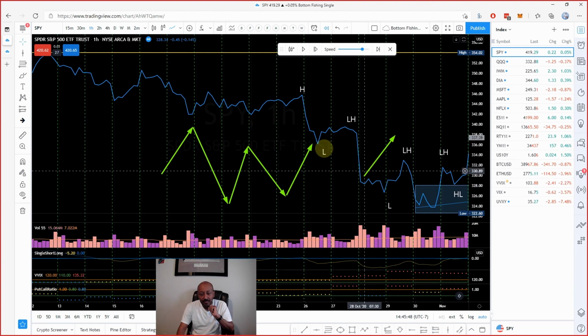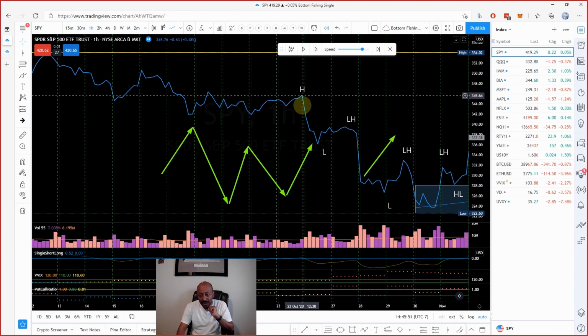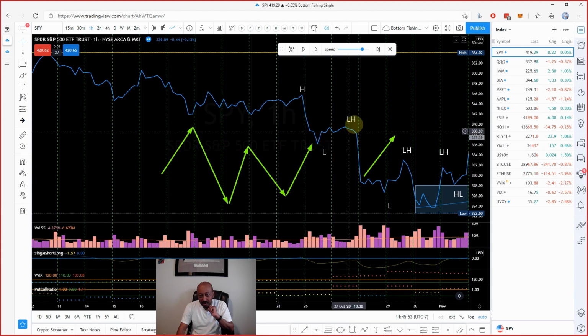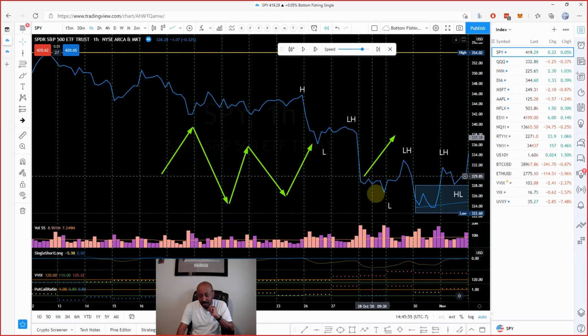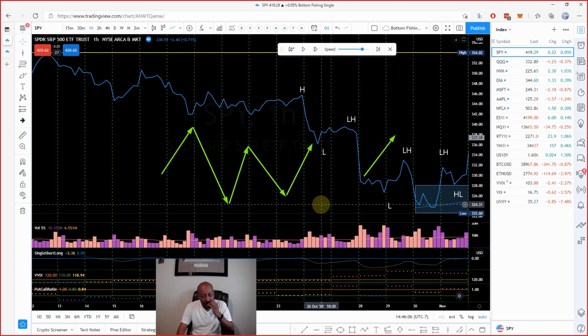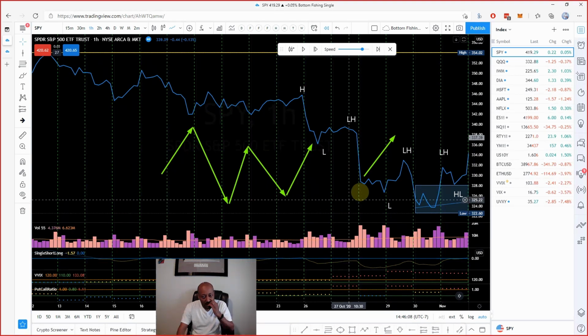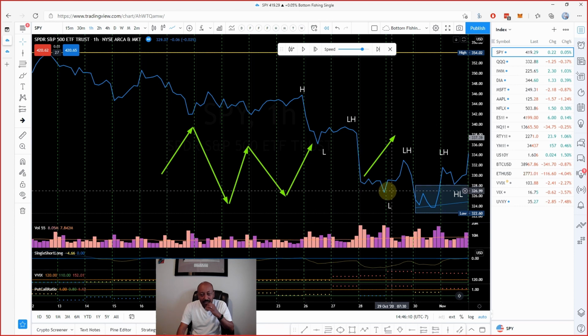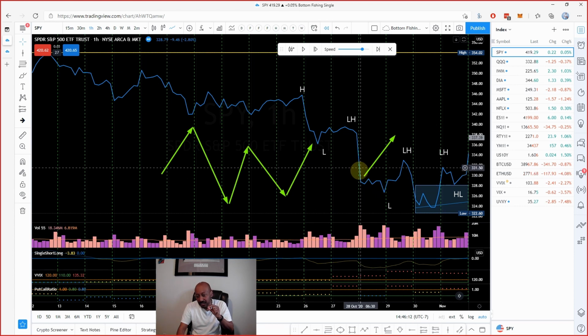So you have a high, you have a low, you have a lower high, you have a lower low. What about this turning point right here that we didn't mark? Which one? Well, it's just a dip, it looks like. We see where the arrow is pointing upward. Right there. Because it was a line, it did look like a dip, but it wasn't.